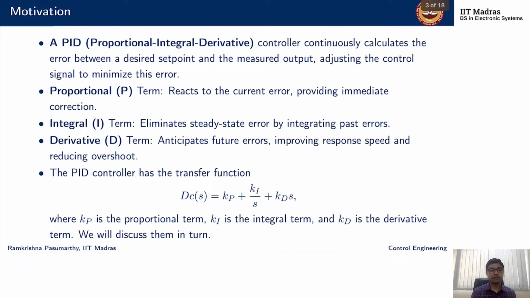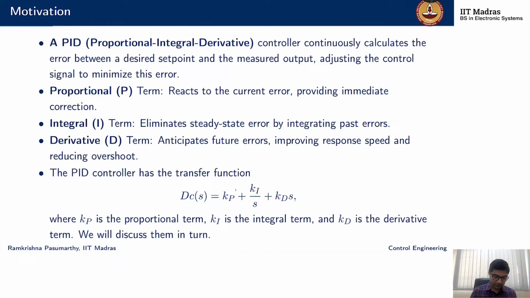So the motivation is that one of the most widely used controllers is the PID controller, in industry, in academia, and in so many other applications which we will find. So this forms the fundamental backbone of any control design. We will summarize this again at the end.